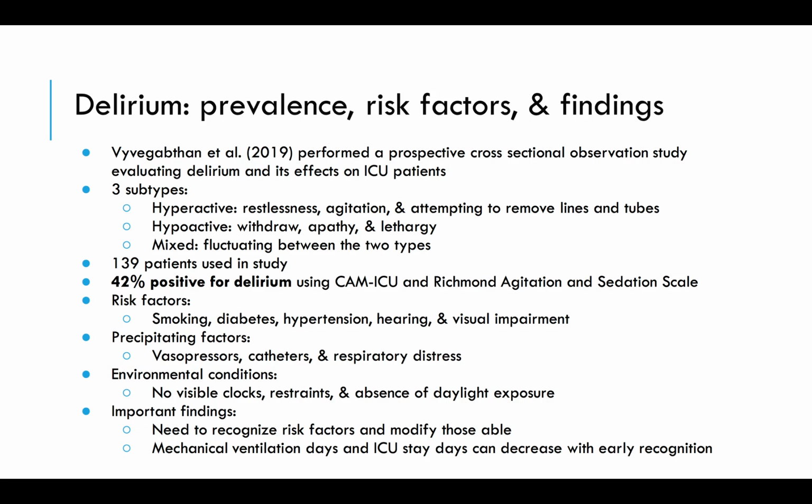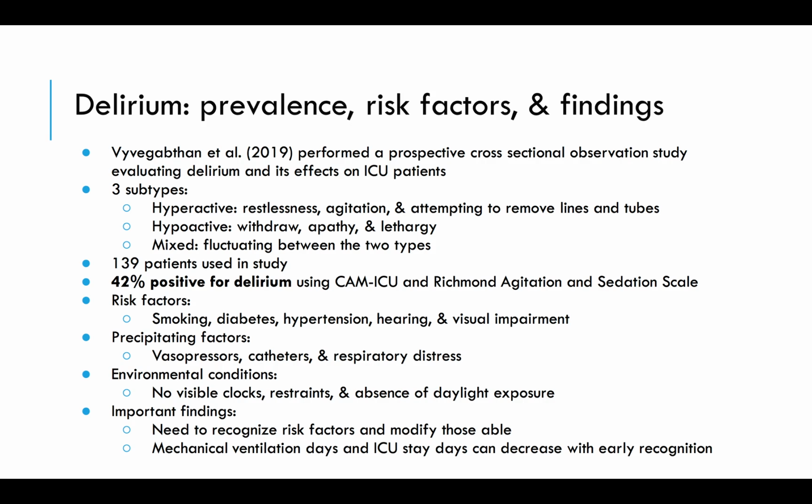Some factors that affected delirium rates were the use of vasopressors, catheters, and respiratory distress, which are all common in ICUs. Some environmental conditions were having no visible clocks, having restraints, and the absence of daylight exposure. Some overall important findings were the need to recognize risk factors and modify those able.